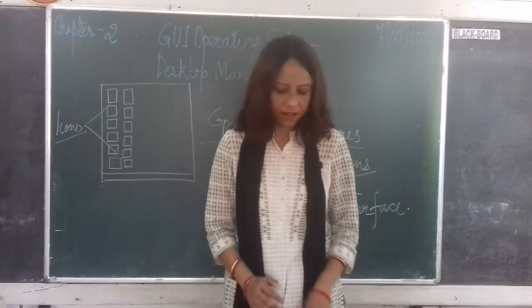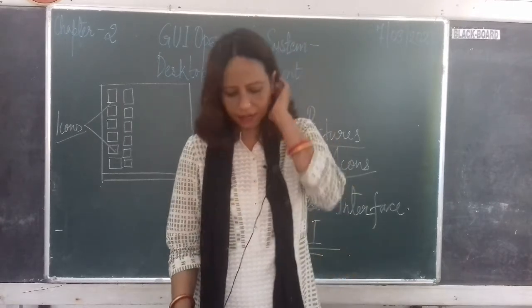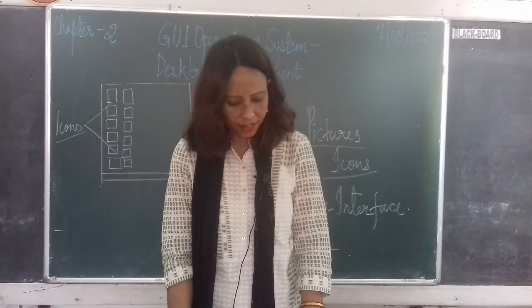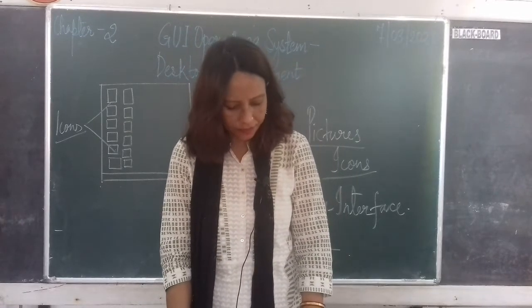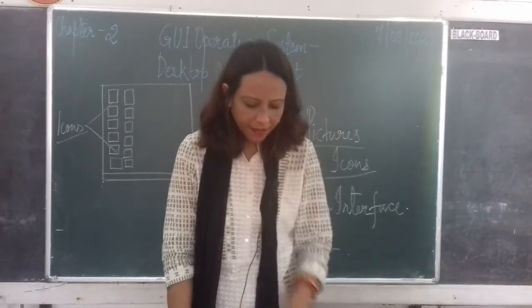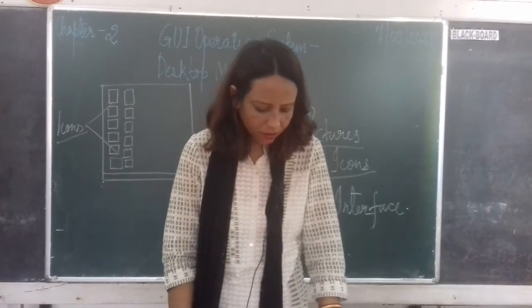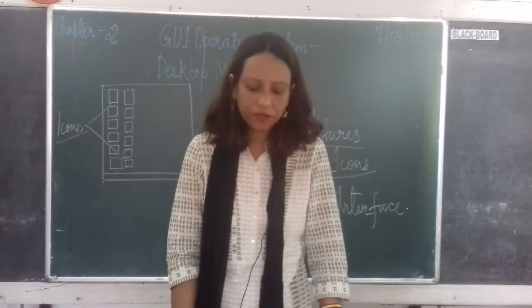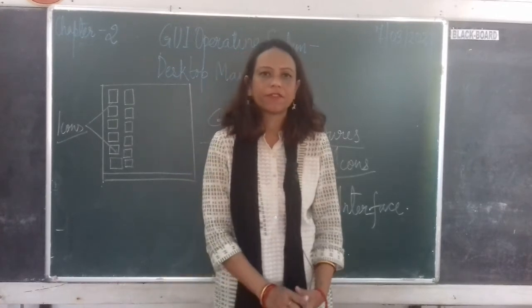Whereas the other one is your character user interface, that is CUI. It is a comparatively less user-friendly operating system, since it allows users to interact with the computer by entering commands through typing. Example, MS-DOS.